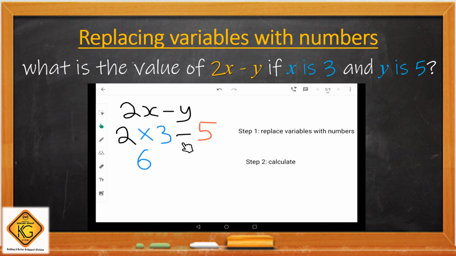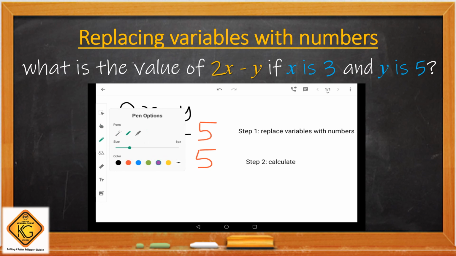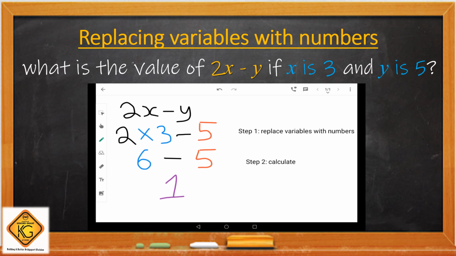Then I rewrite the subtraction sign and the 5 because I did nothing so far with them. I now have the expression 6 minus 5, which I know is equal to 1. Therefore, in my next line, I simply write its value, 1. Now that there is nothing left to calculate, I'm done. It's that simple. And that concludes our lesson for today.